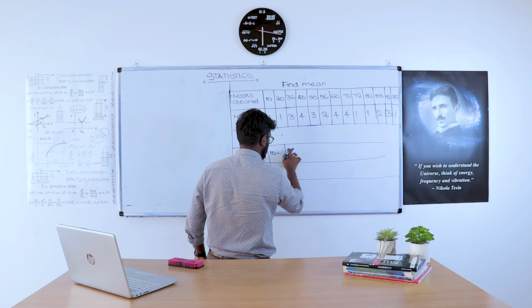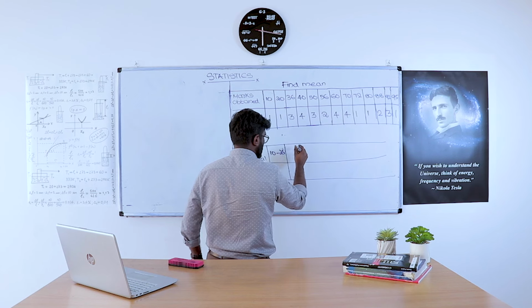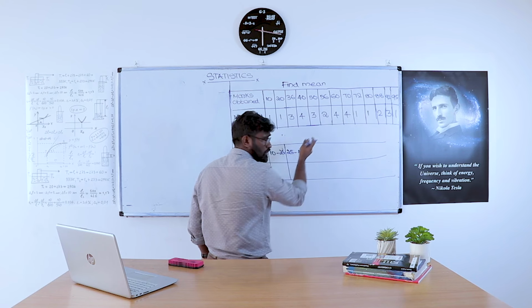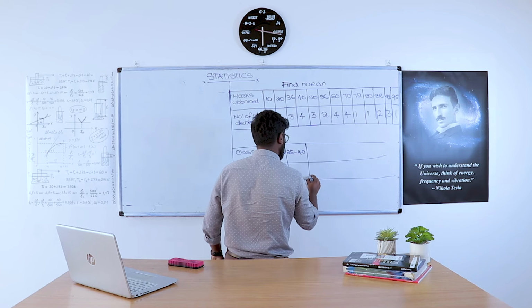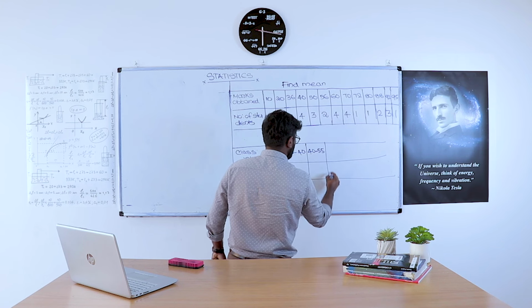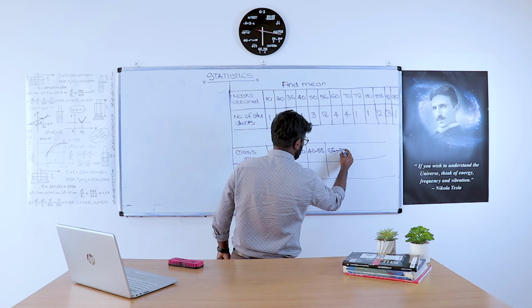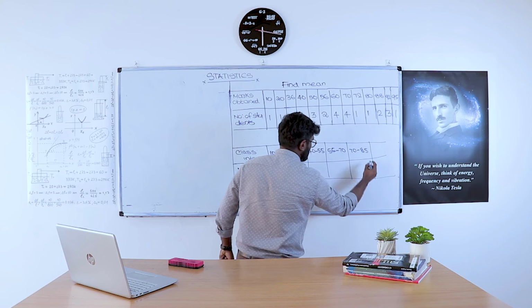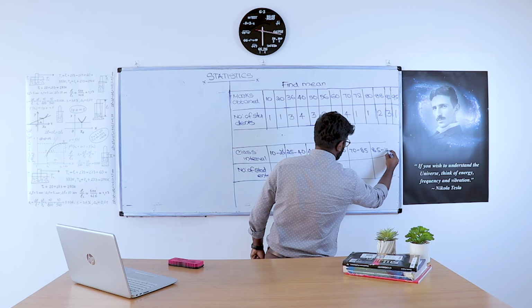We have to make intervals on the basis of 15 distance. As in the textbook, it is 10 to 25, 25 to 40. You can make any interval, no problem regarding that. 25 to 40, 40 to 55, 55 to 70, 70 to 85, and the last interval is 85 to 100.